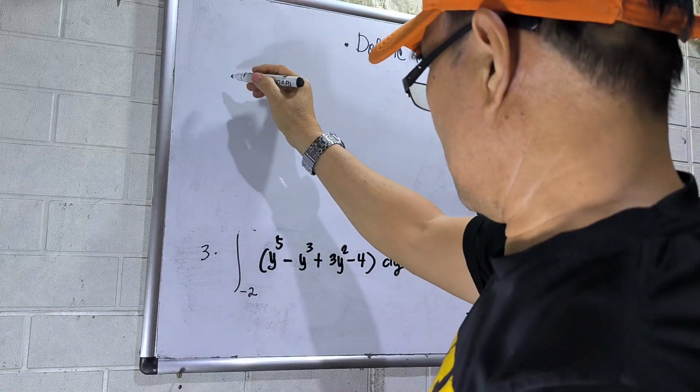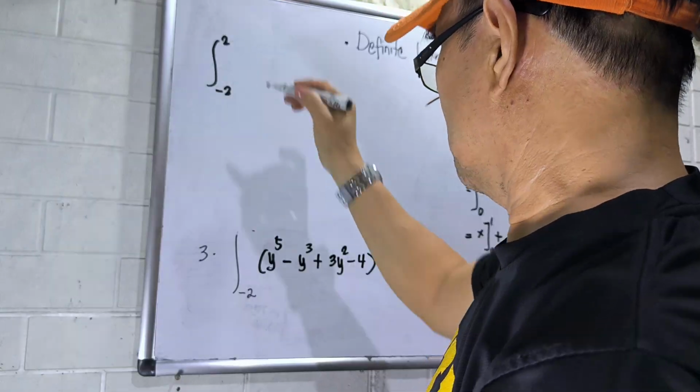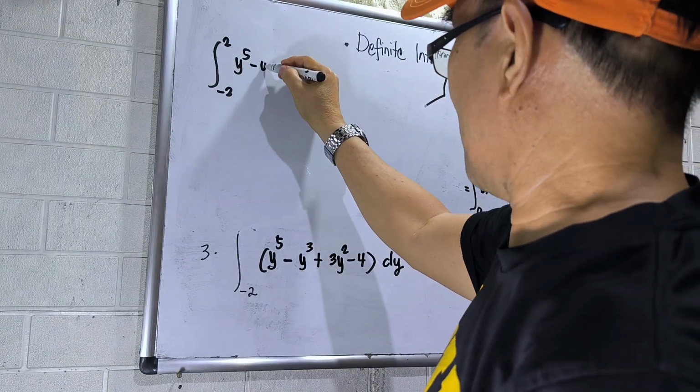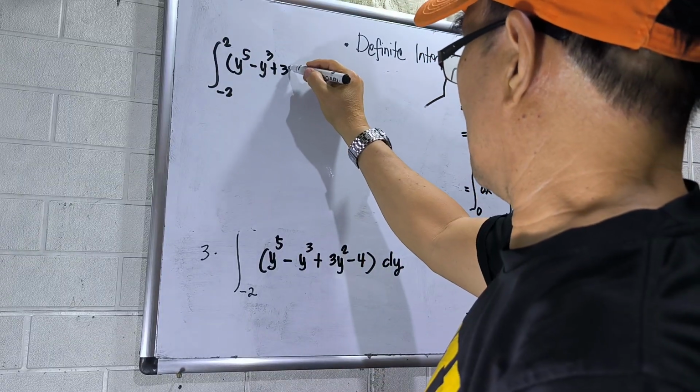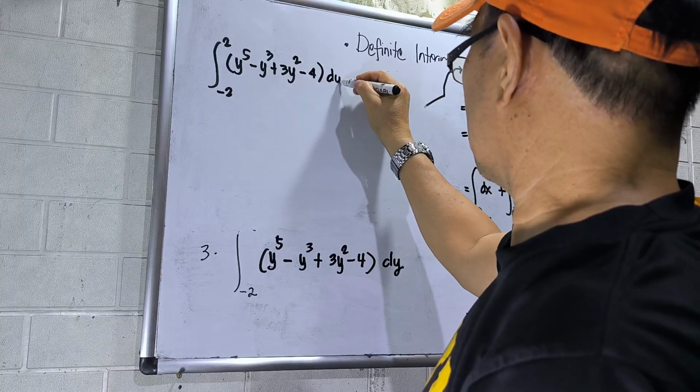So this will be the integral from negative 2 to 2 of y to the fifth minus y cubed, there must be circle brackets, plus 3y squared minus 4 dy.